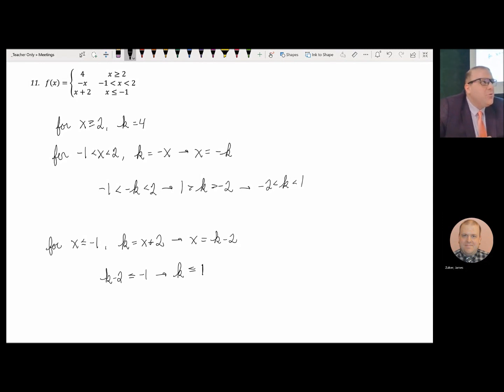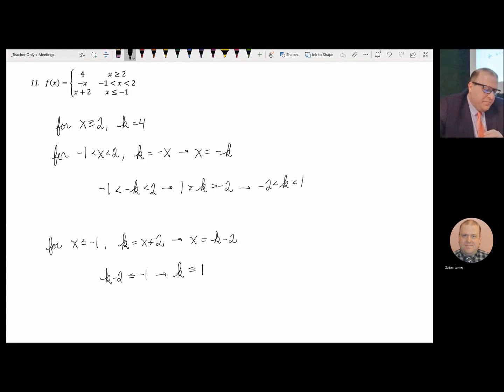That means k is less than or equal to 1. I added 2 to both sides, because I'm solving for k, trying to find values for k. There's -1, now it's positive.